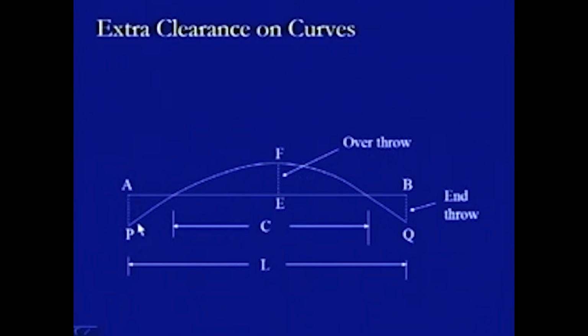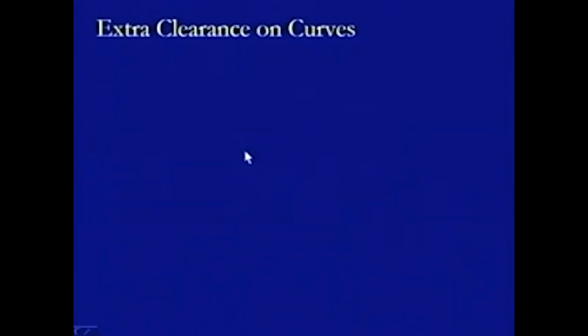Similarly, at the ends, it remains on the outer side, and there is a certain distance by which it remains on the outer side, and this value, because it occurs at the end condition, is known as end throw. It means when we are discussing the extra clearance on the curve, we have to compute its value on the basis of overthrow and end throw, and this is the computation we will be doing for this effect of curvature.